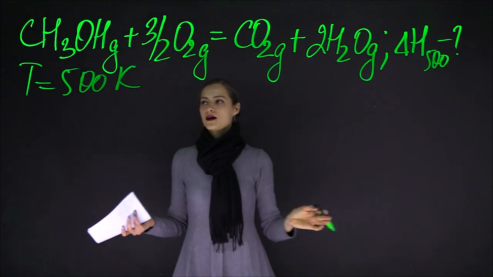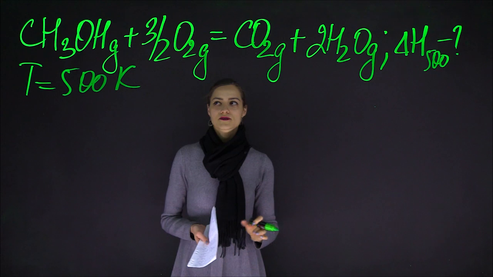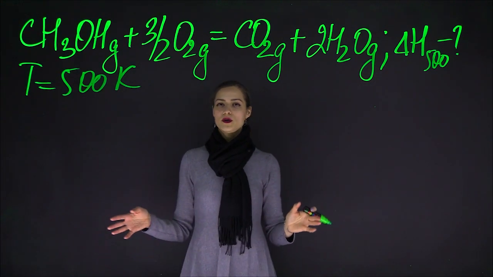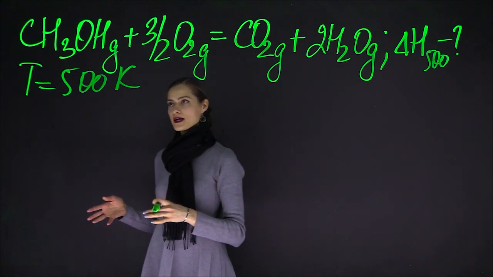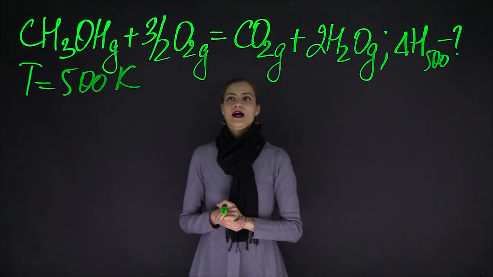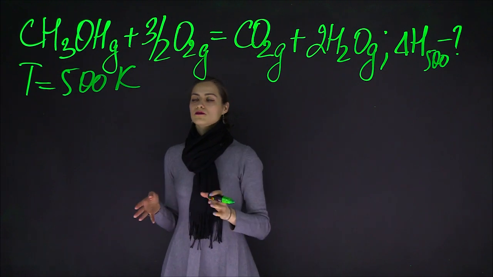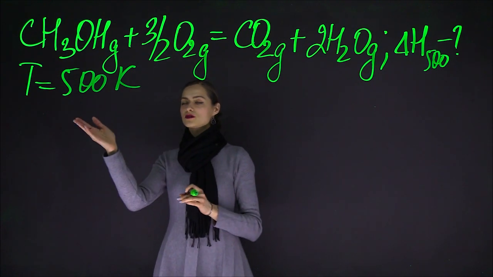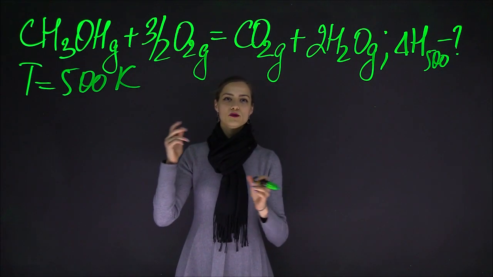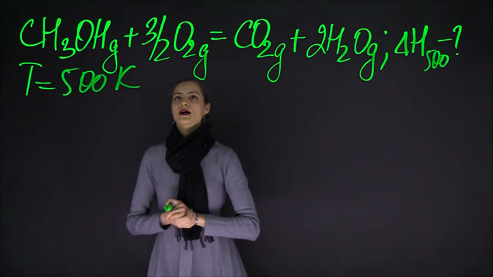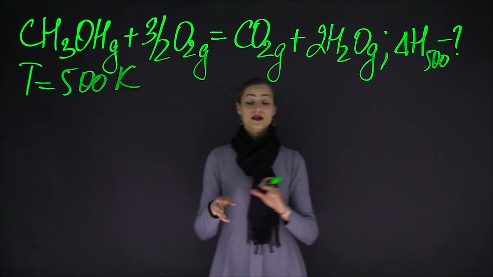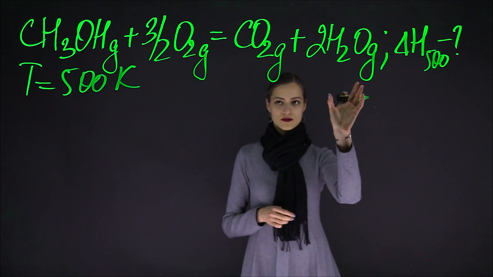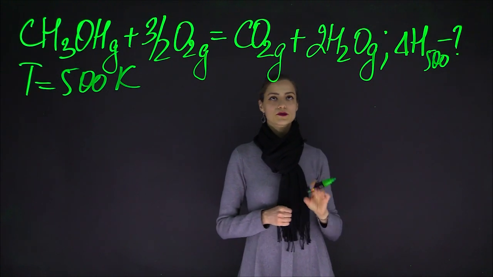Well, what can we do in this situation? Of course, firstly we need to decide which consequence we use from Hess law, first or second one. Because we have reaction between organic substance and oxygen, we might say we have combustion reaction, but combustion reaction is when this reaction gives us not water vapor, but water in liquid form.